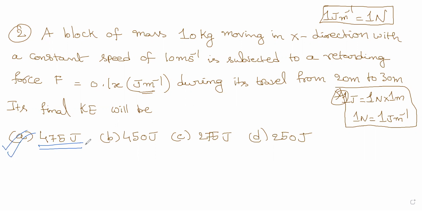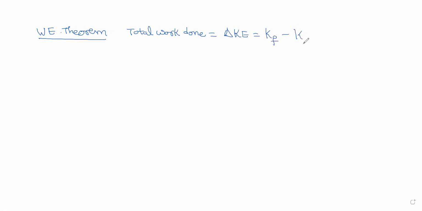Can I clear this? Yes, sir. Now, see, the thing is the work energy theorem. Just now I told you what the work energy theorem says. It says that the total work done is equal to delta K, change in the kinetic energy, that is K final minus K initial.